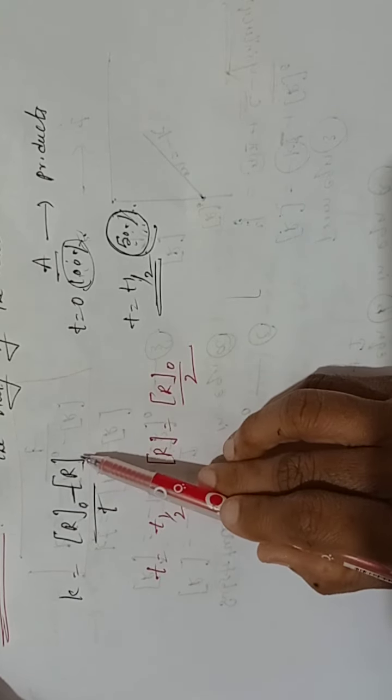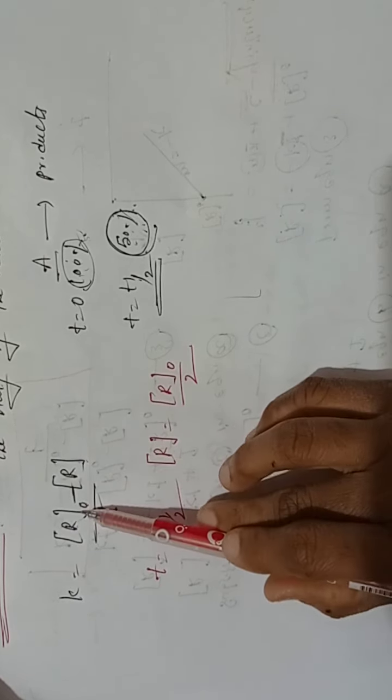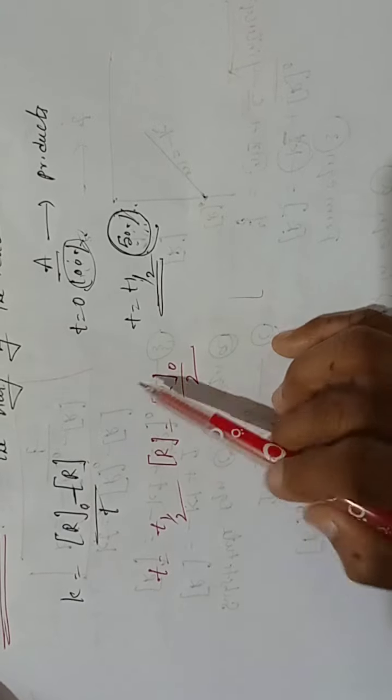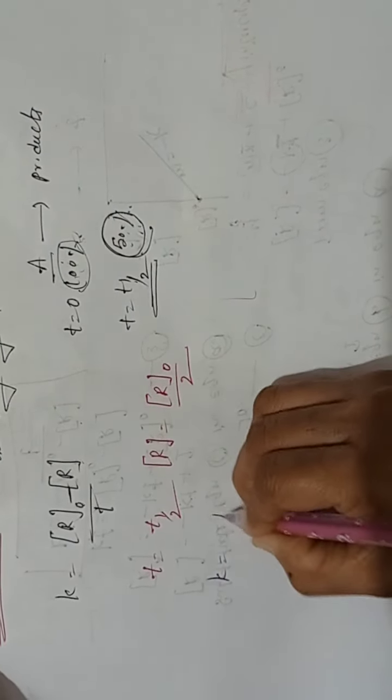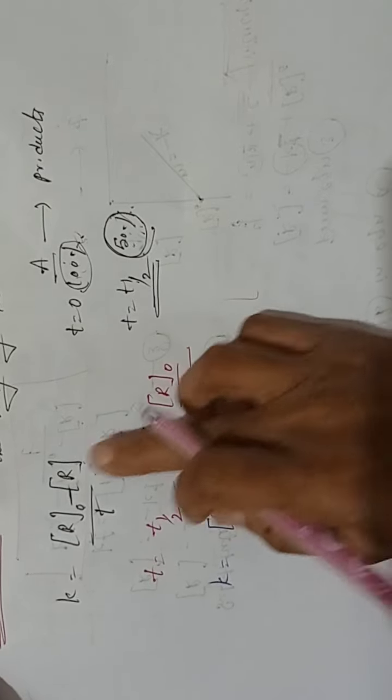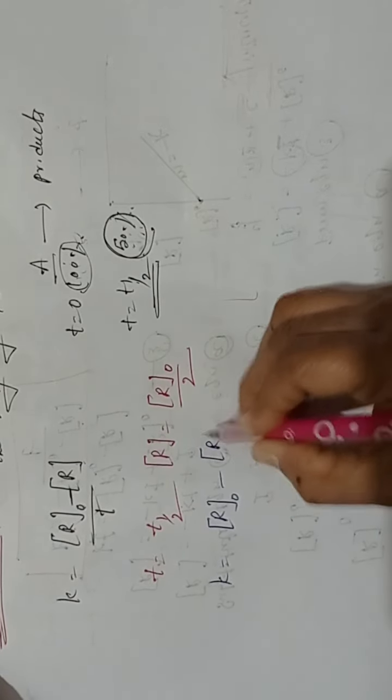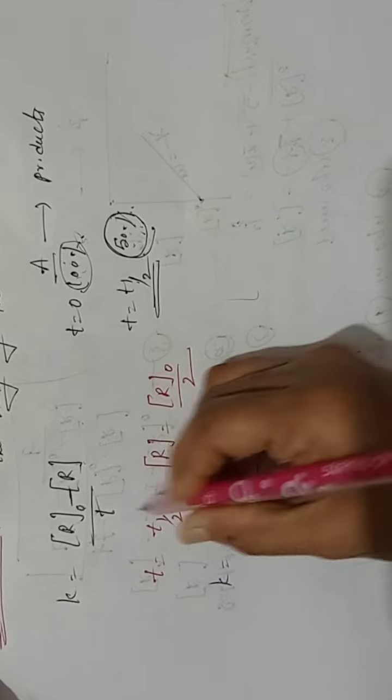That means 50% is half of the initial concentration, that means R naught by 2. So substitute these two values here. Then what will you get? K is equal to R naught minus R, where R is R naught by 2, divided by T.